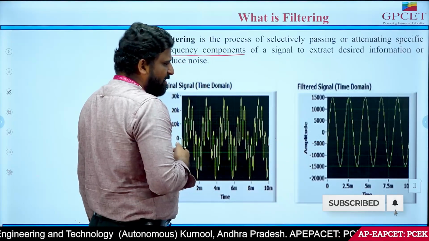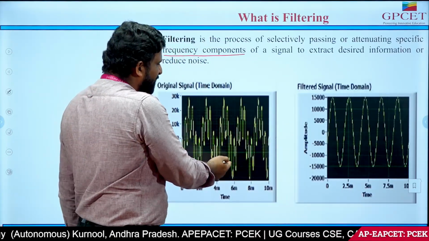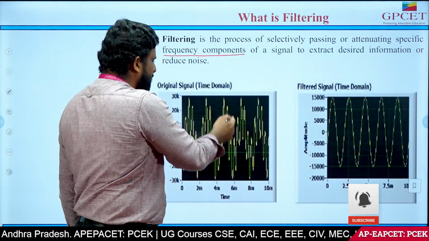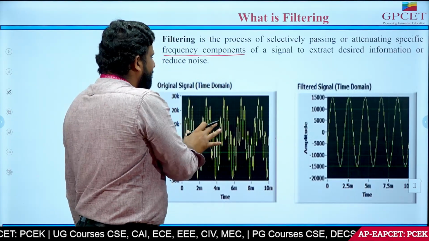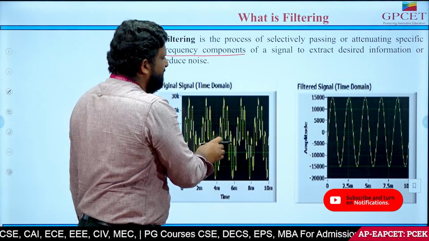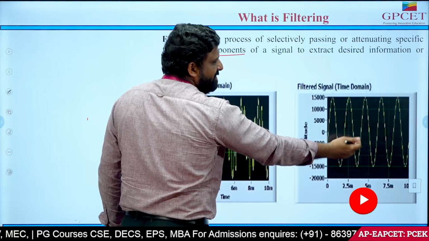You can see the difference of this signal before filtering and after filtering. Before filtering you can see some noise is affecting this particular signal, and after filtering, that means after selectively taking the frequency components and attenuating them, the signal will extract the original signal, which is this one.